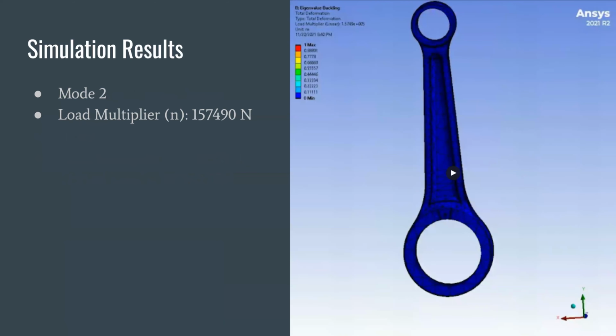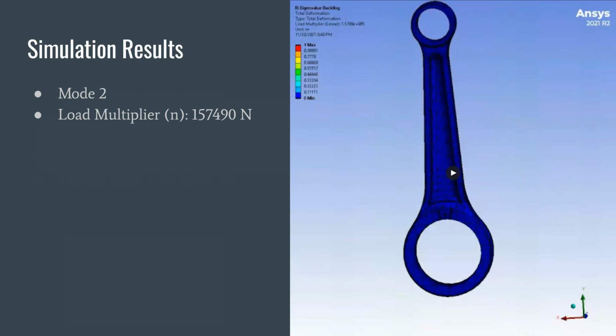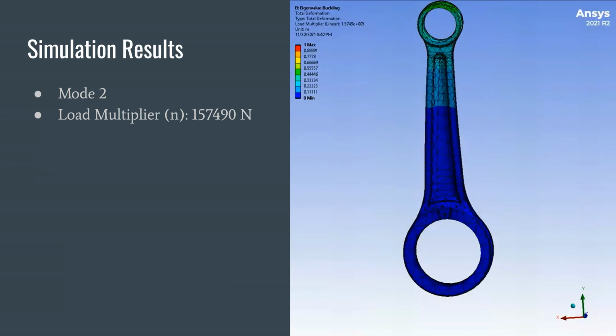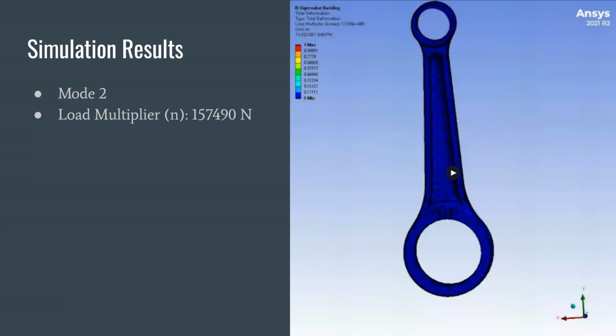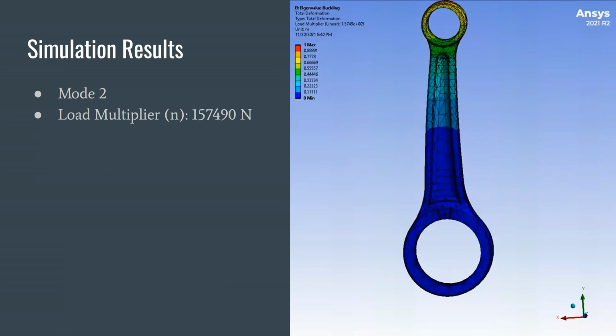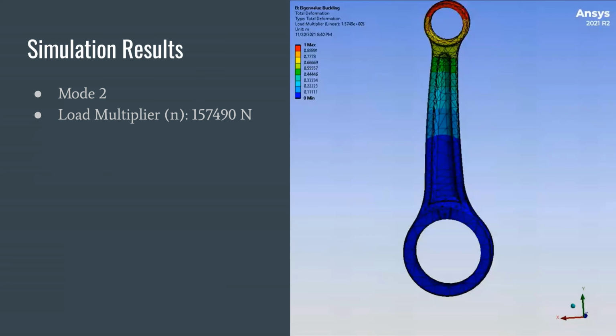For mode 2, the load multiplier is much higher than the previous one, and we can see the deformation in the video representation. This deformation is taking place along the y-axis, and there is still more deformation on the pinhole side, where we applied our initial load of 1 Newton.